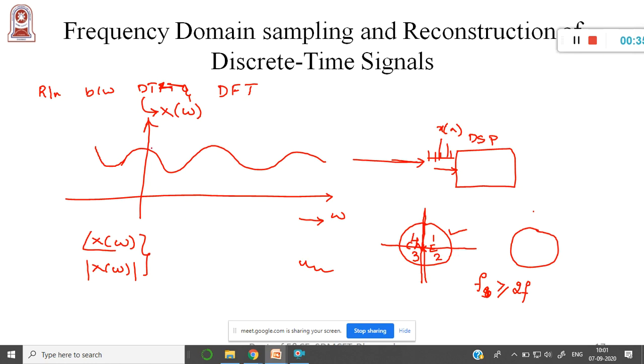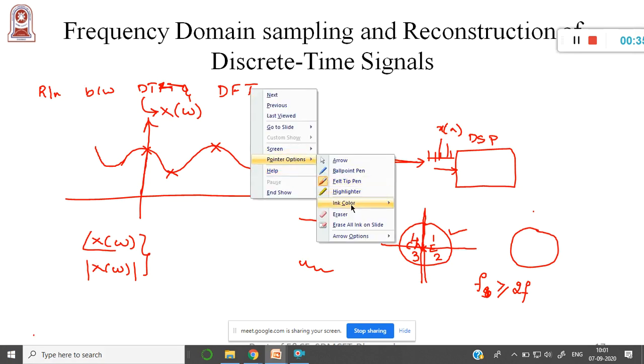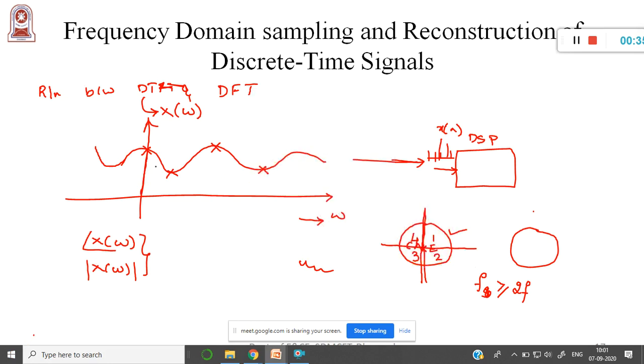Similarly, here also I want to go for discretization. What do I do? I collect the samples, I go for sampling this signal.